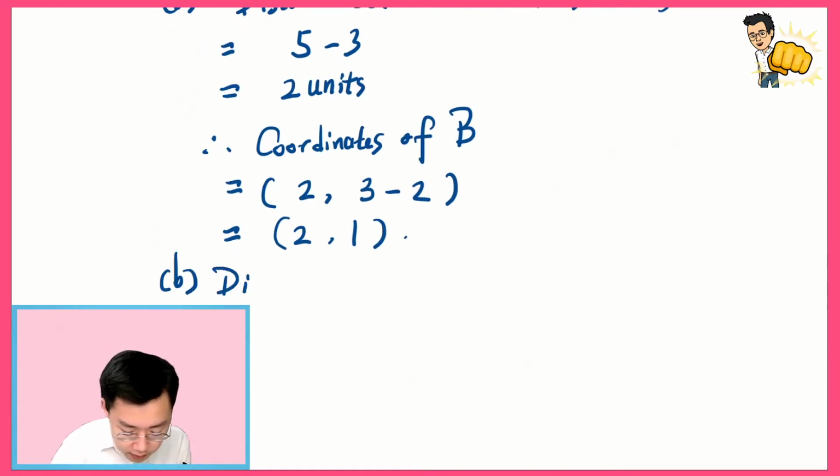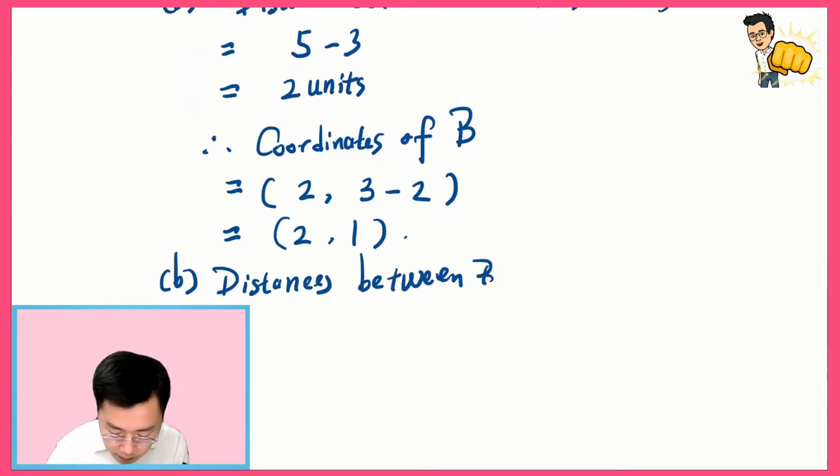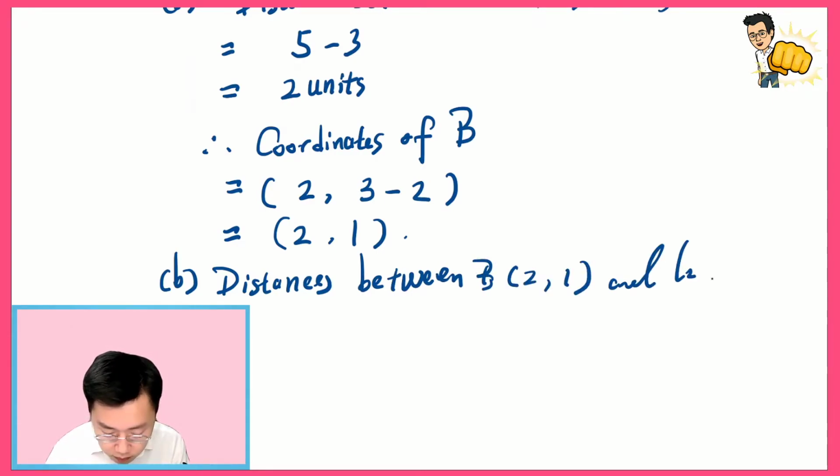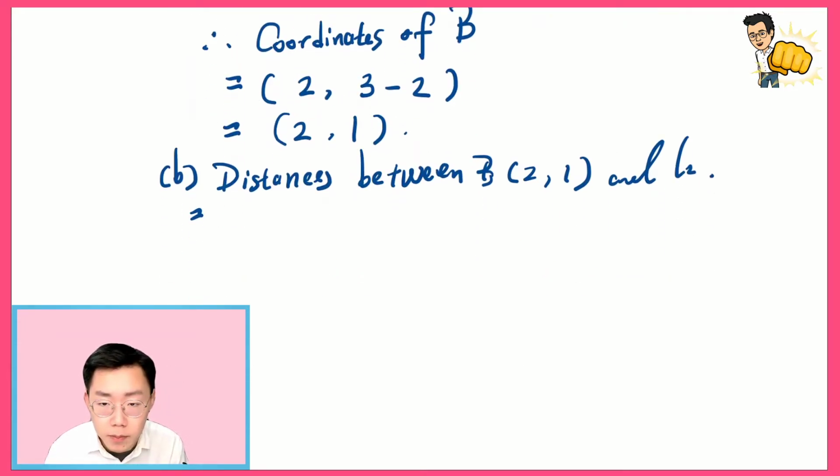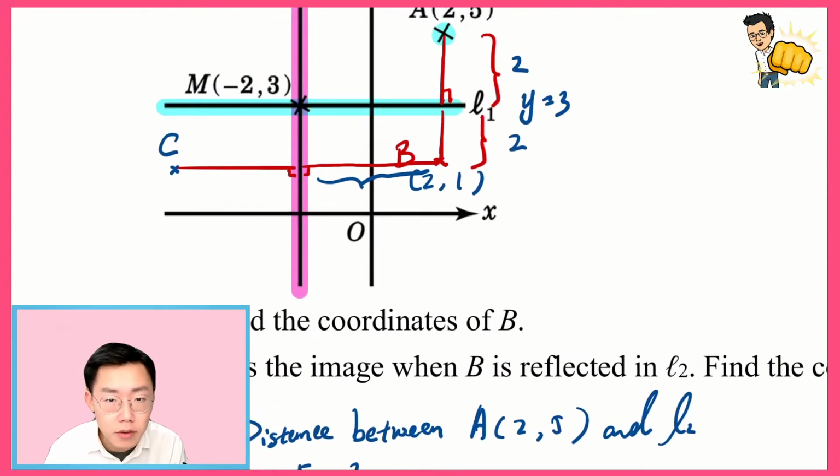The distance between point B, (2, 1), and L2. Now you can see BC is a horizontal line.